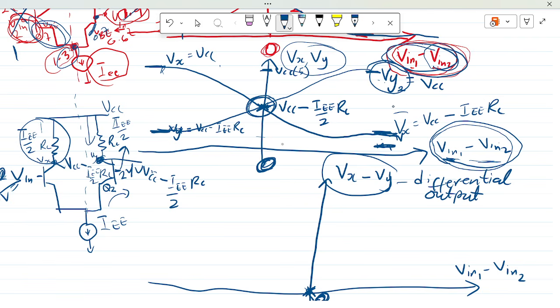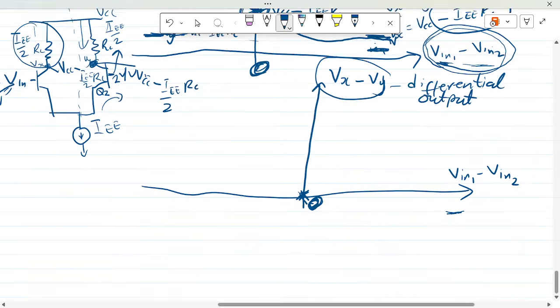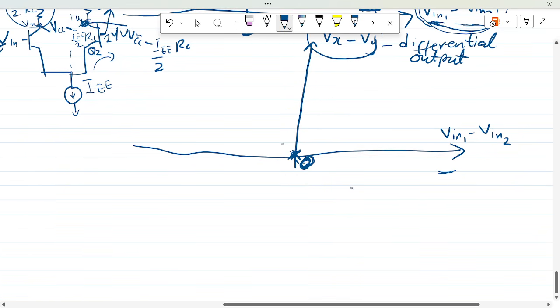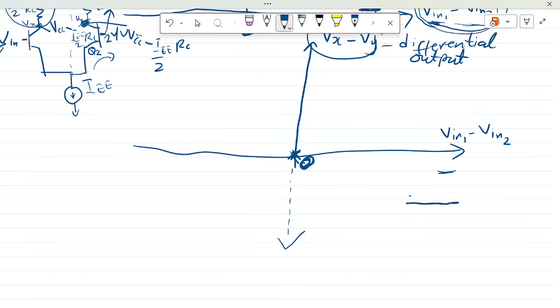So if I take Vx minus Vy, then I'm going to get the negative of that. So we have that voltage somewhere negative. So here, when the Vin is positive enough, at some point, the output voltage is going to be negative RC IEE.